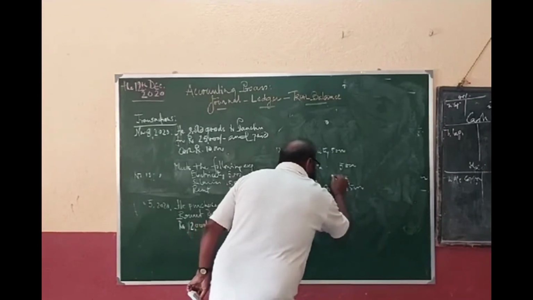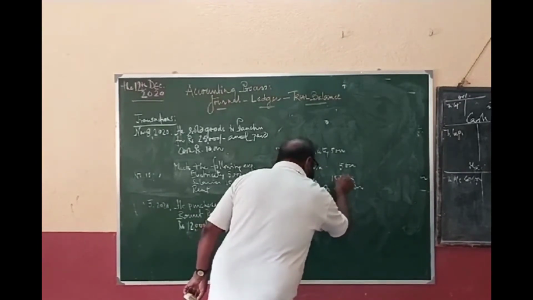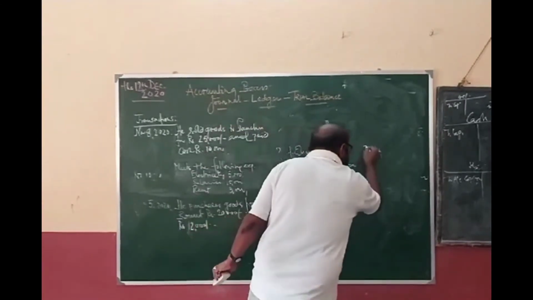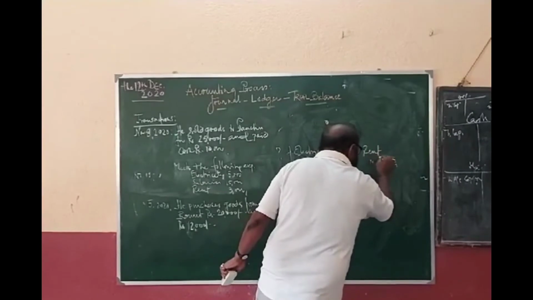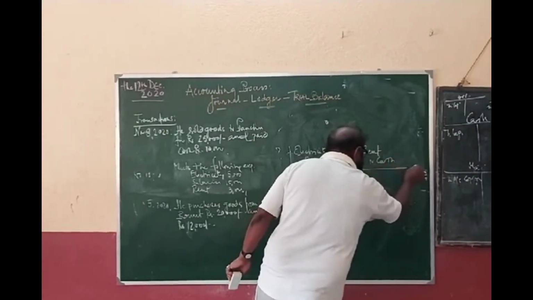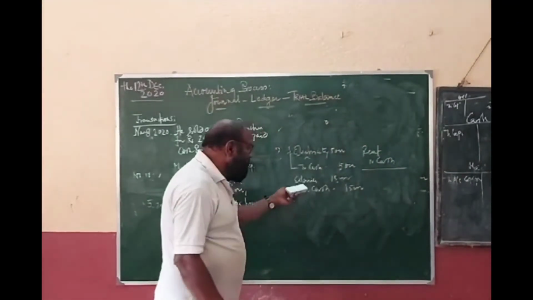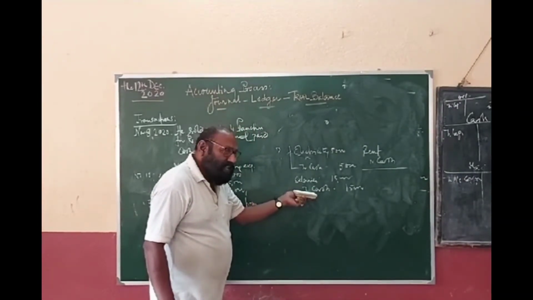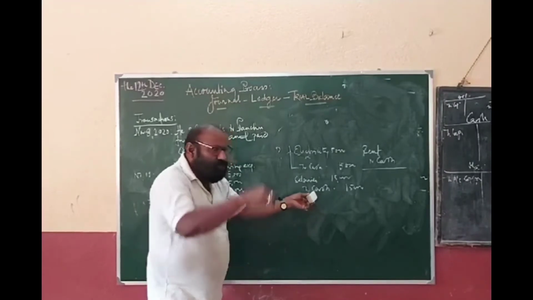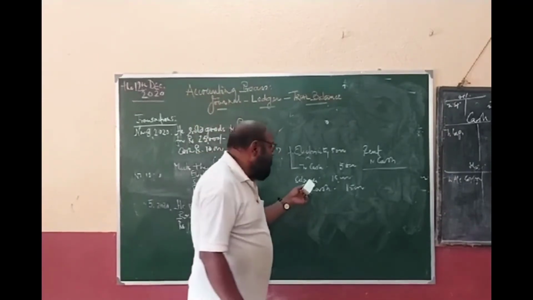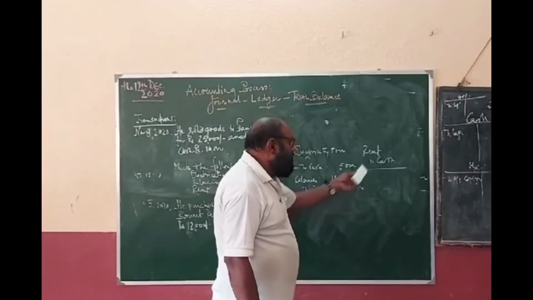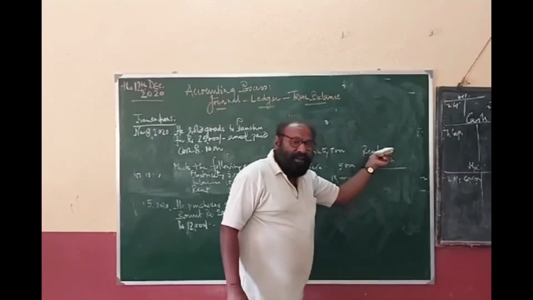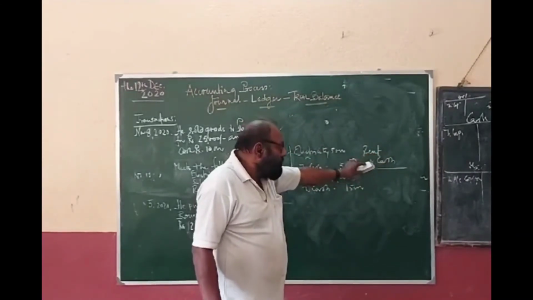Same philosophy, 15,000. And for rent it would be rent account debit to cash. Cash is already there. In cash we will write by salary, and in salary we will write to cash. And equally for rent, a rent account is to be opened and on the rent side it would be debited, to cash, and in cash, by rent.